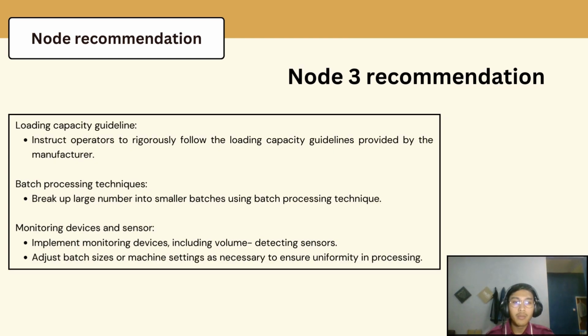For node 3 recommendation, which is the peeling process, first is the loading capacity guideline. Instruct operators to rigorously follow the loading capacity guideline provided by the manufacturer. For our next recommendation, use a batch processing technique that breaks up large quantities into smaller batches, and then monitoring devices and sensors.